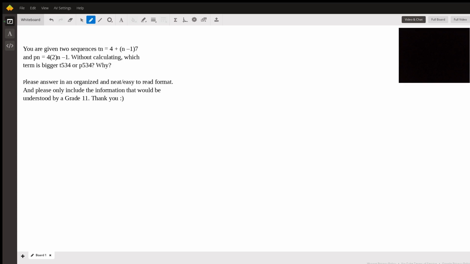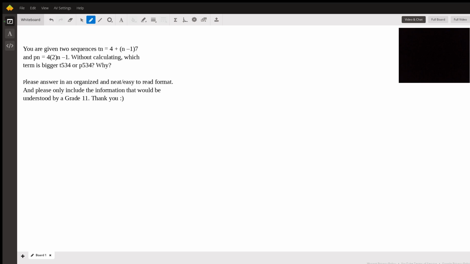Here we have two sequences. A sequence is just a collection of terms, and the T collection looks like this. We'll discuss this in more depth in a minute, but this is linear. The P sub n is a little hard to understand from the way the text came out.